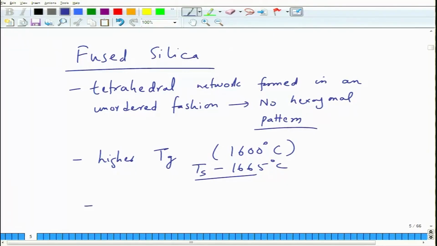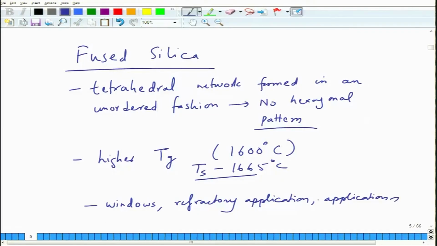So, for example, windows, refractory applications, and applications which require a low coefficient of thermal expansion, because they have a higher softening temperature, their coefficient of thermal expansion is lower.